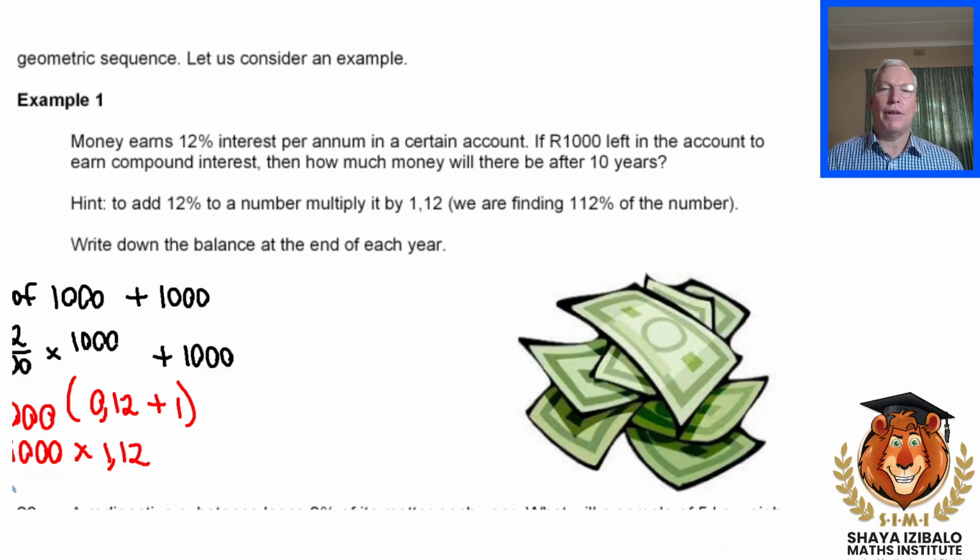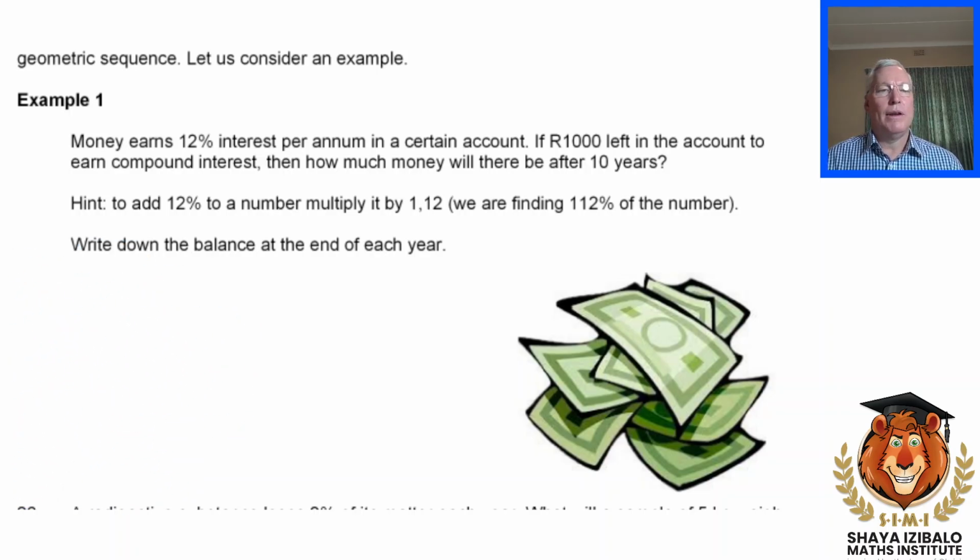Now this makes perfect sense, because if we're multiplying it by 1.12, then this number is actually 112%. We will do some more practice with percentages later, but for now, understand that to grow something by 12%, we find 112% of it. Now 112% is 1.12, and it's really important that you appreciate that.